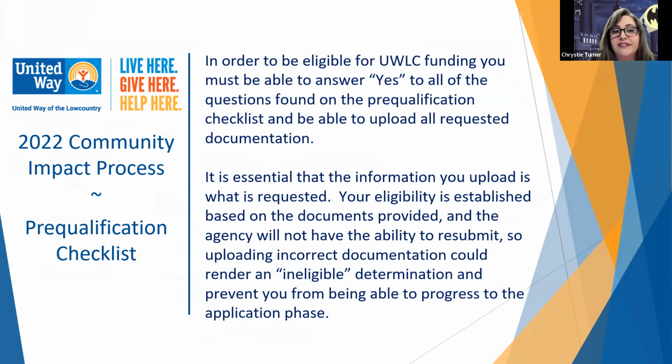That's because if at some point you can't answer yes to that question, you need to stop and pick up the phone and give Angela or myself a call, because you have to be able to answer yes and upload all the documentation in order to be eligible.